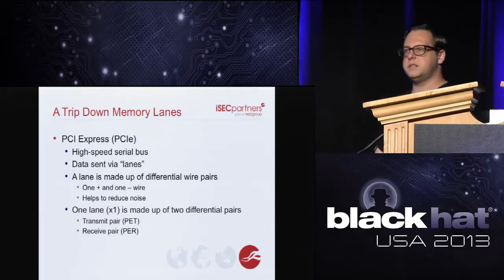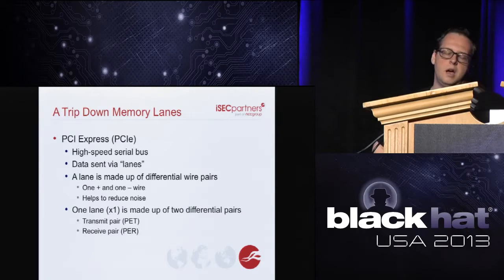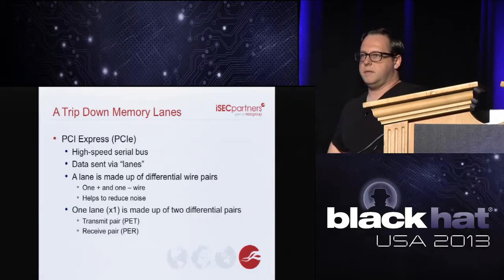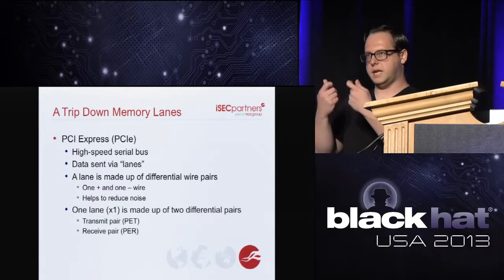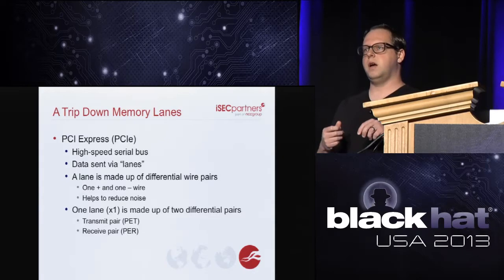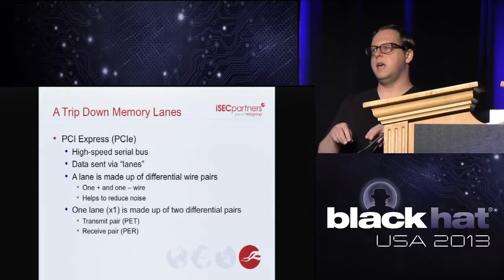So PCI Express, it's a high-speed data bus. It's serial, so no longer using parallel anymore. Data's sent via lanes, and a lane is made up of two simplex data paths, one transmit, one receive, and each of those is made up of two differential pairs.